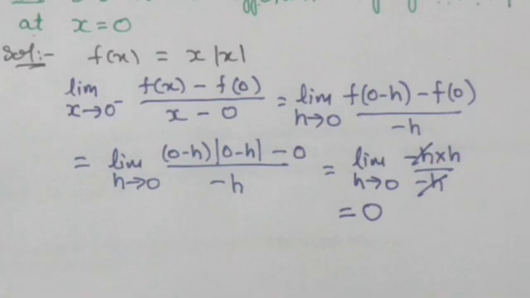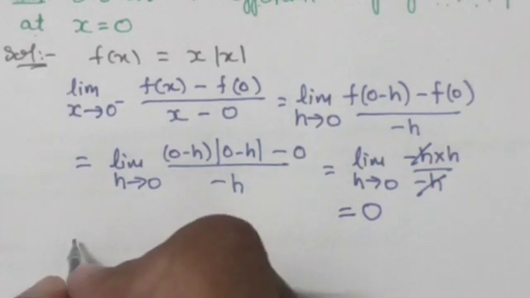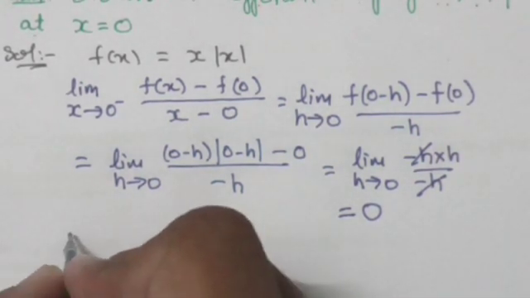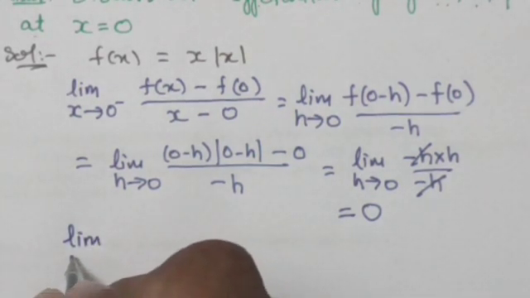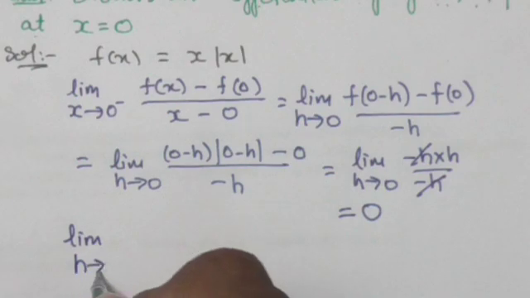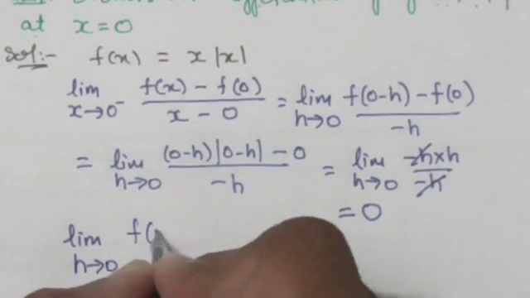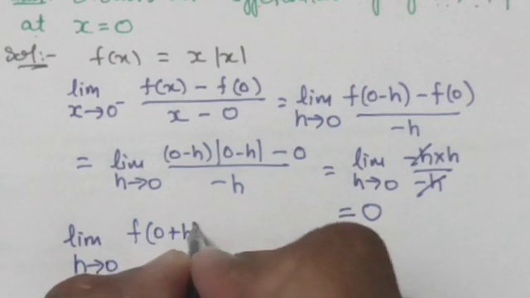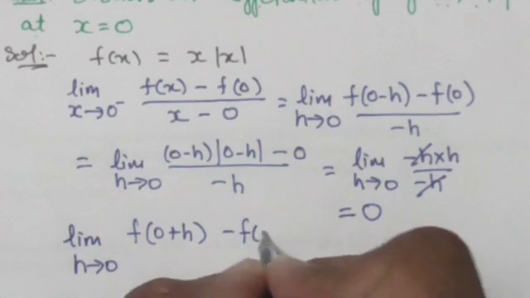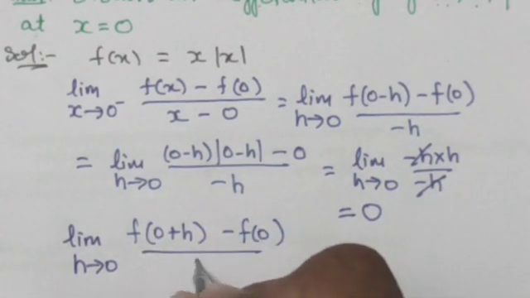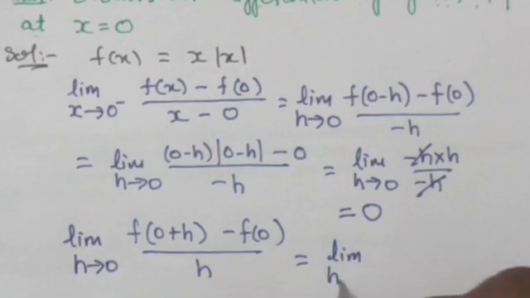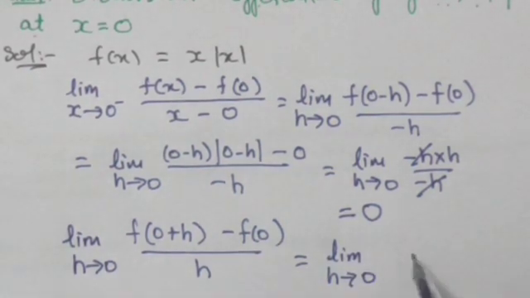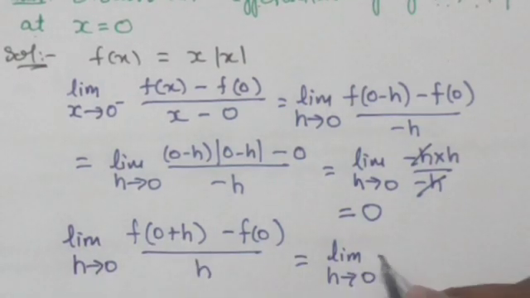Now we have to find the right hand derivative of this function f(x) at x is equal to 0. So right hand derivative is limit h tends to 0, f(0 plus h) minus f(0) upon h. What will be the f(0 plus h)?